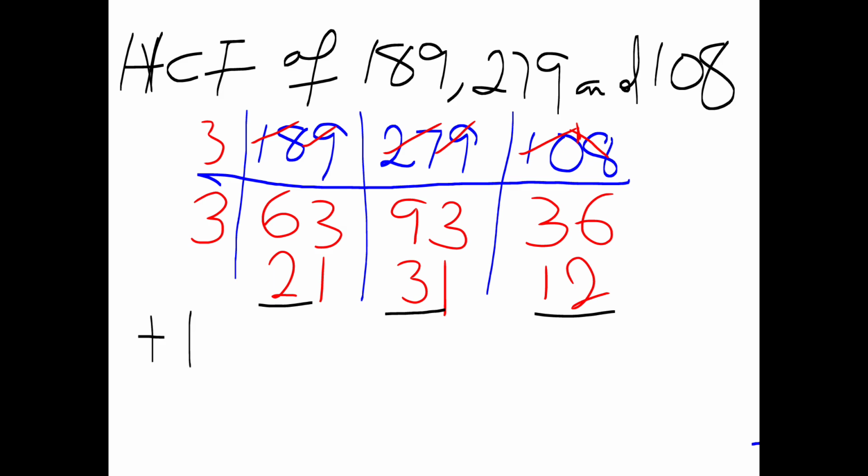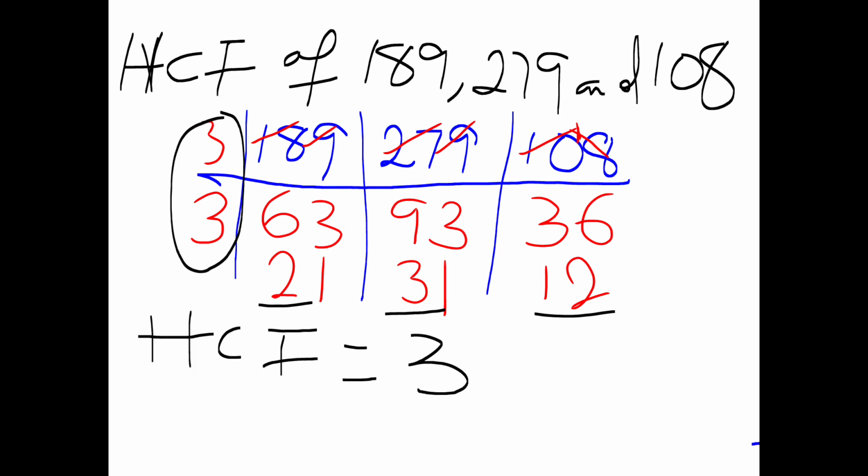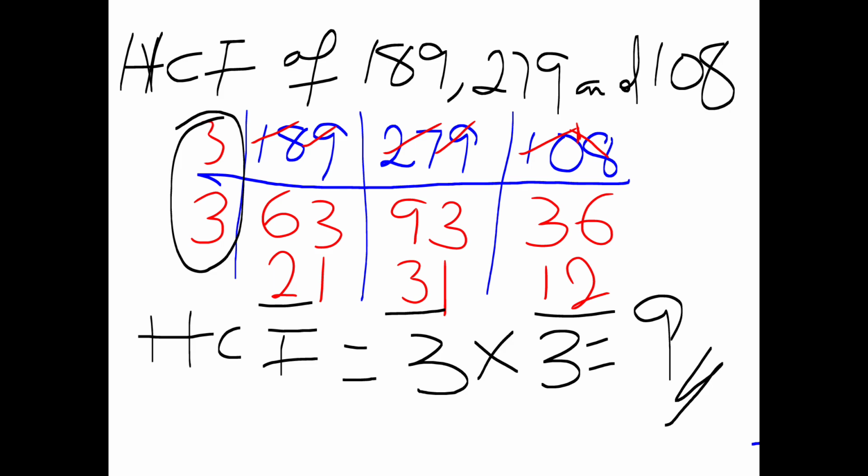So as such, we write out our HCF to be what? 3 here. These 2 numbers. 3 multiplied by 3. And that gives us what? 9. Do you see that? It is very, very easy. As long as you follow the steps, you get the right answer. Do you understand? Very good.